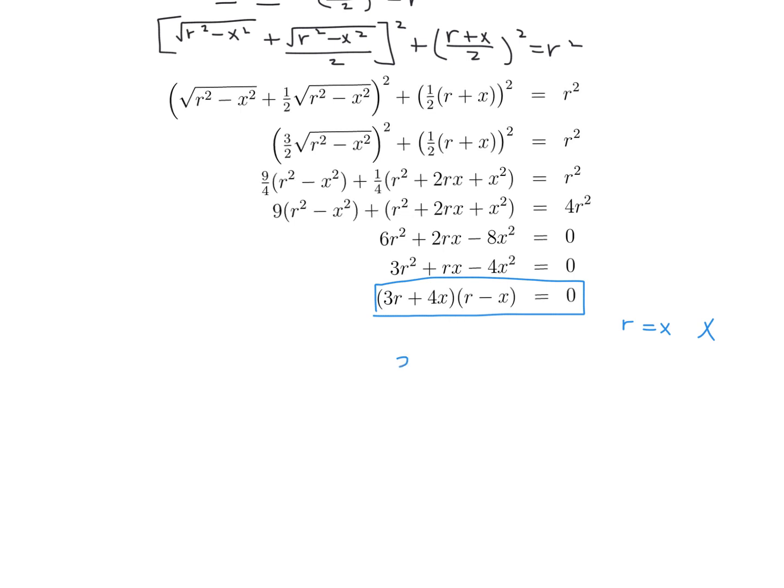So the only other possibility is that 3R should be equal to minus 4X, but that's also not possible since X and R are positive distances, so one can't be a negative distance.